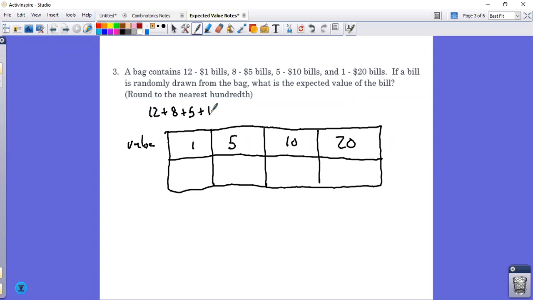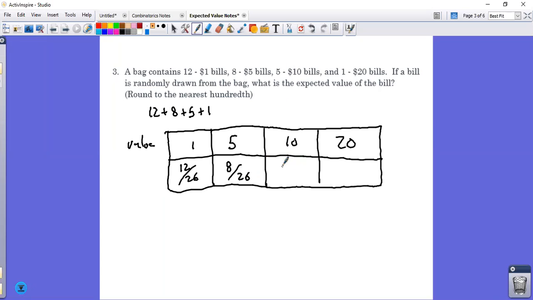There are 26 bills in total, right? If you add up the total number of bills, 12 ones, 8, 5 tens, and 1, so there are 26. So the probability that you reach in and get a $1 bill is 12 out of 26. There are 8, and don't worry about reducing these.